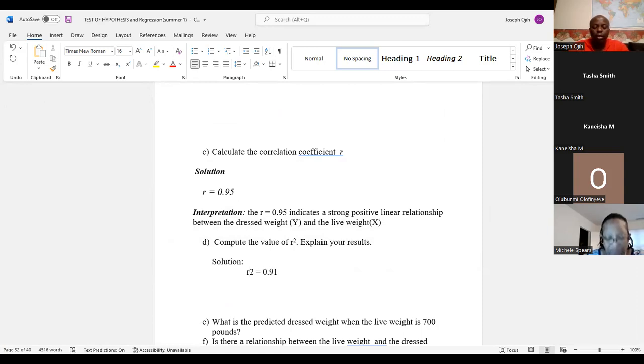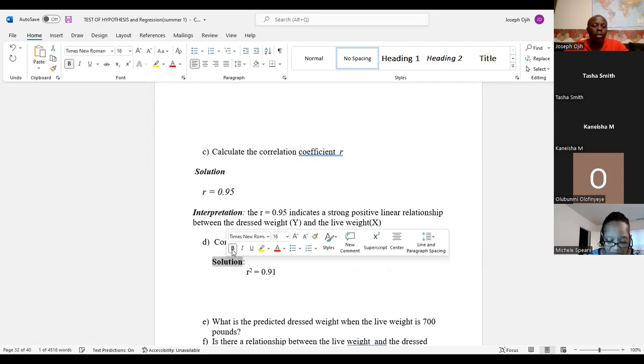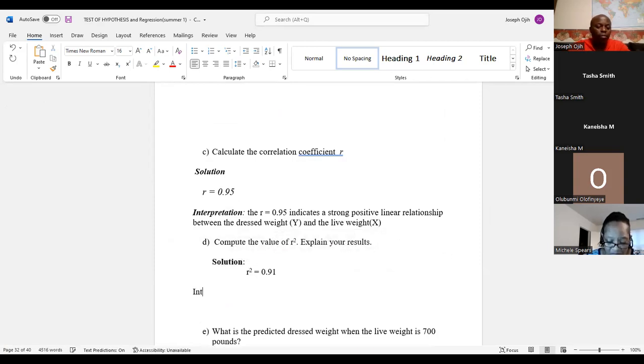Small r squared. What does this mean? That is our interpretation.